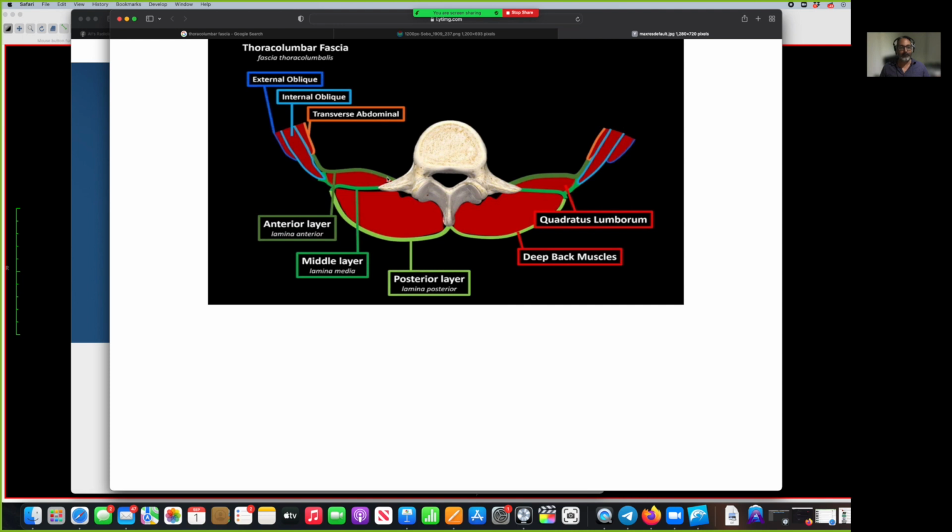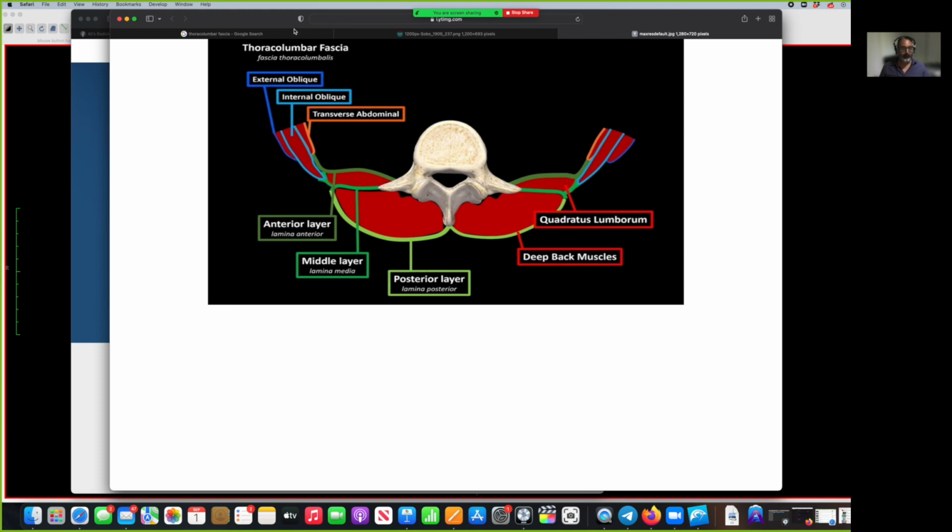It's got an anterior layer, a middle layer, and a posterior layer. Between the anterior and middle layer is the Quadratus Lumborum. Quadratus Lumborum lives between those two layers. And between the middle and posterior layer is the erector spinae and the multifidus, which are collectively called deep back muscles.